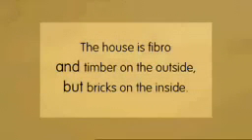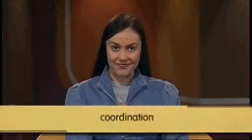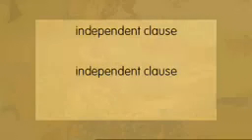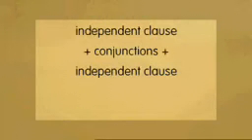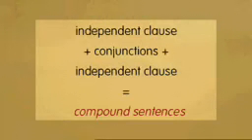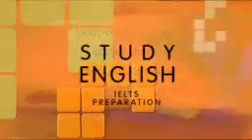So we could also say the house is fibro and timber on the outside, but bricks on the inside. Okay, so that's an introduction to coordination. Remember, coordination is linking independent clauses with conjunctions. This forms compound sentences.